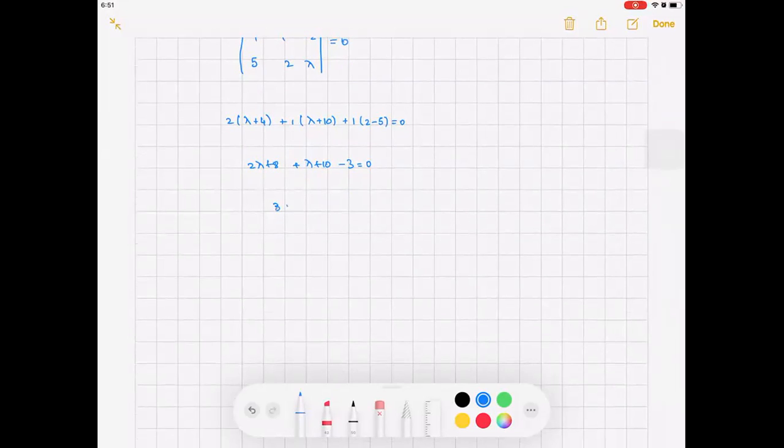This gives 3 lambda plus 15 equal to 0. Lambda equal to minus 15 by 3, equal to -5. So you will get the same answer. So when lambda equal to -5, the system has a non-trivial solution.